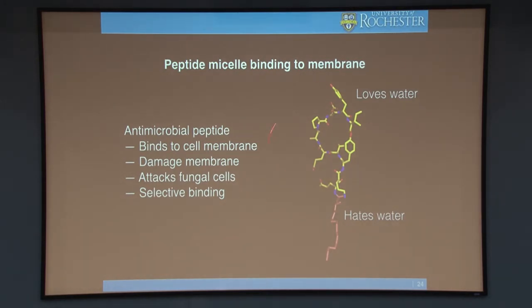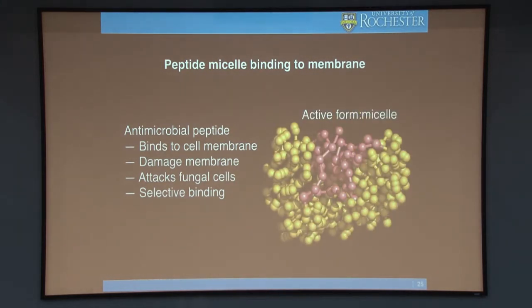It has this peptide part, which loves water, and a carbon chain attached to this peptide part, which hates water. So when these peptides are released by the organism, they are in water. The water-loving part forms an outer covering, and the water-hating part resides inside, tightly bound.